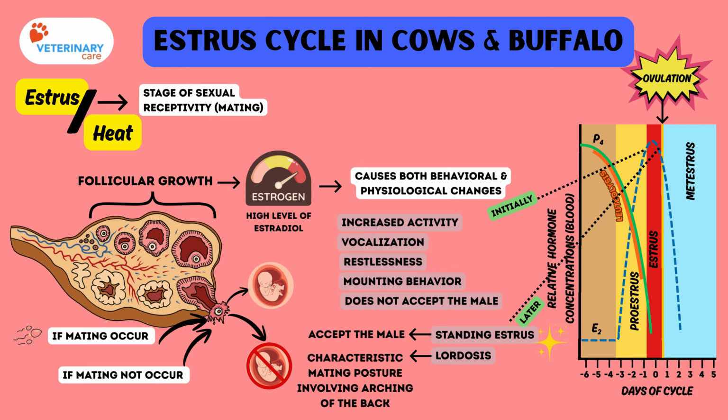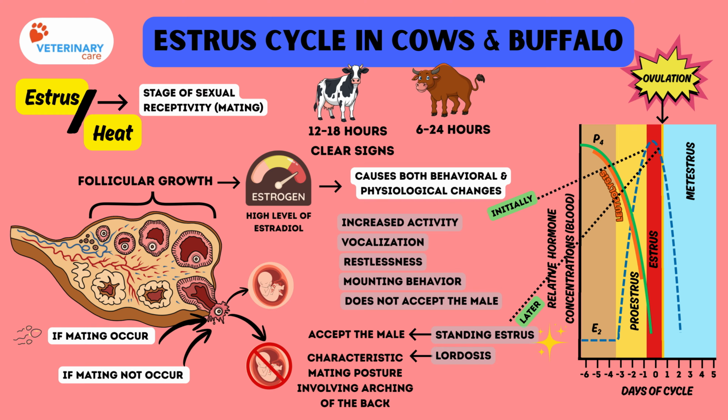On the graph, estrus is marked by a sharp peak in estradiol and the lowest progesterone levels. In cows, estrus lasts about 12 to 18 hours and is characterized by clear signs, while in buffalo, estrus is often shorter, 6 to 24 hours, and frequently silent or weak, with less obvious standing heat, especially during hot seasons.